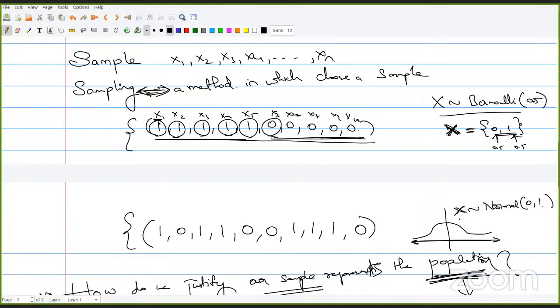Yes, sir. So if I randomly choose one point, the first sample may turn out to be 0.01. I am doing one experiment, and for that experiment I get some value of x.